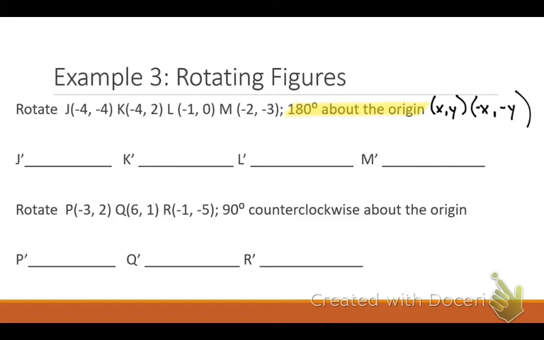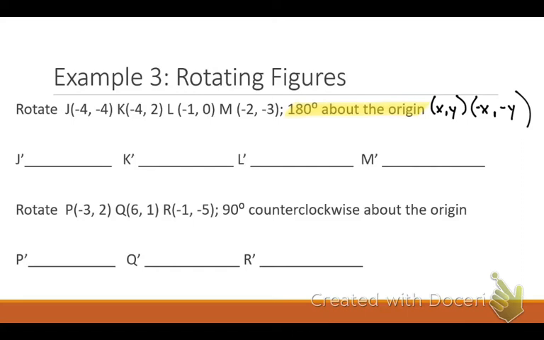And I need to remind you guys, the second ordered pair tells me how this point rotates. So am I flipping the order? No, I am not, because x and y are still in the same order. What I am doing, because the negatives are there, is I am reversing the sign. Don't fall asleep on me. I'm reversing the sign.